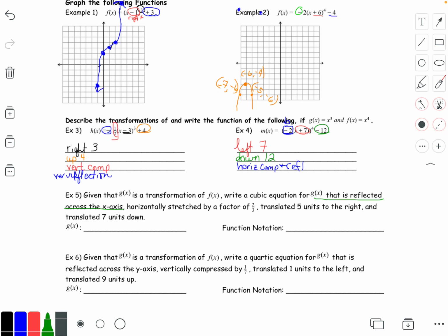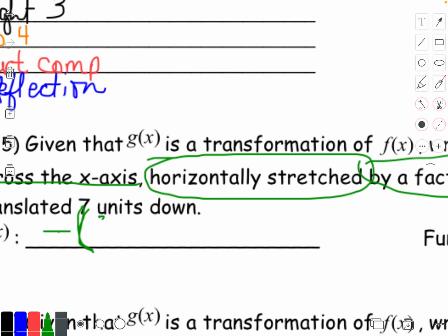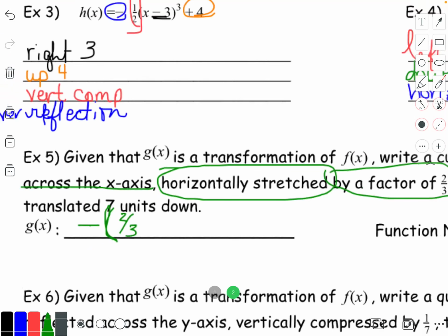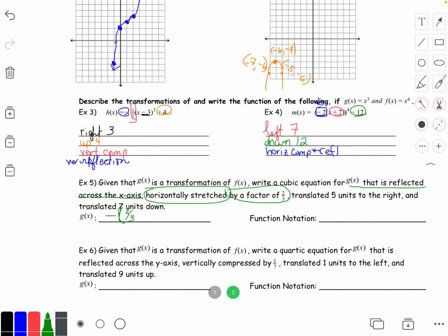So we want g of x that is reflected across the x-axis. So we're going to put a negative there. Horizontally stretched by a factor of 2/3. So horizontally stretched, that means that number is going to go inside of the parentheses. So 2/3.